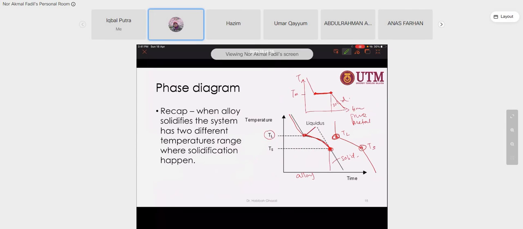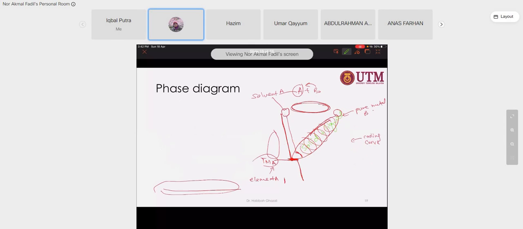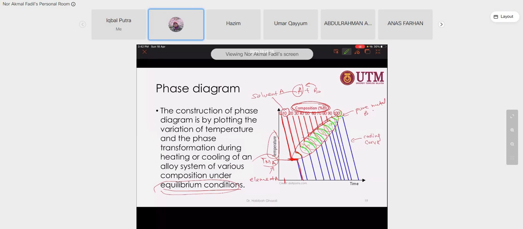Remember? At this point there are solid plus liquid, at this gradient temperature. This one is liquid, this one is solid. So between 0.1 and 0.2, it is solid plus liquid. At this range, what you get is a combination phase between solid and liquid.